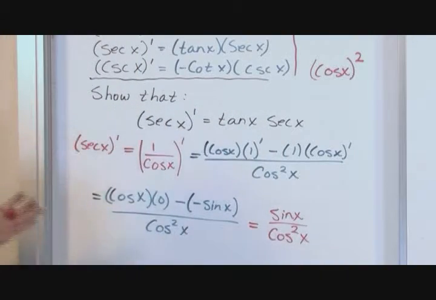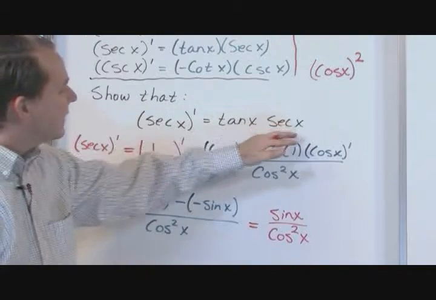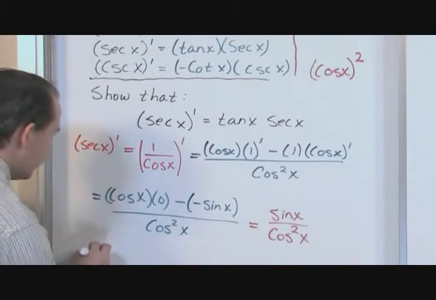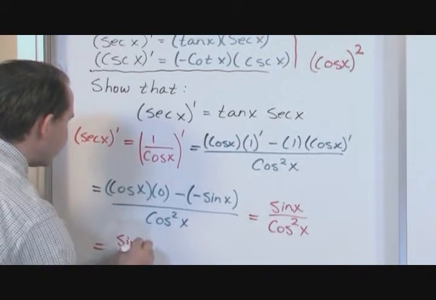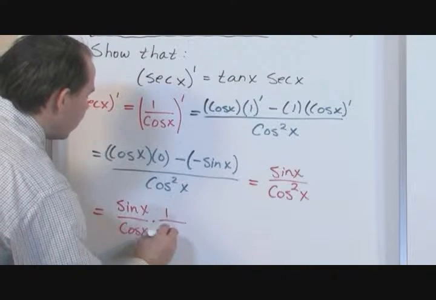But what we're trying to prove is that the derivative of the secant function is tangent times secant, and what we've arrived at is this. If you give up now, you might say, well, I don't have any idea how it could come out like that. But just try to play with it a little bit. If you rewrite it, what you'll have is sine of x over cosine of x times 1 over cosine of x.